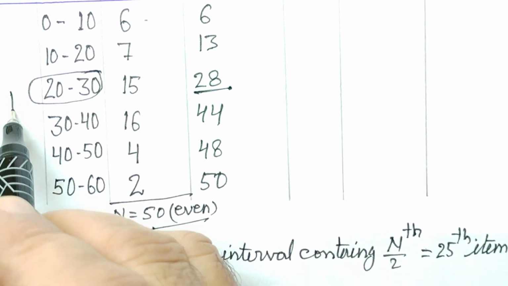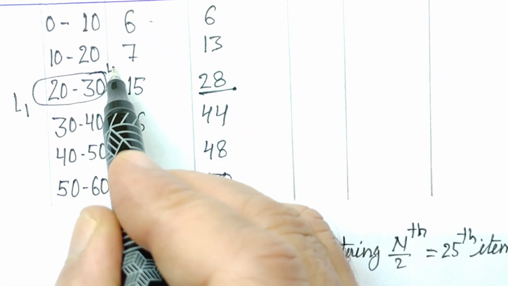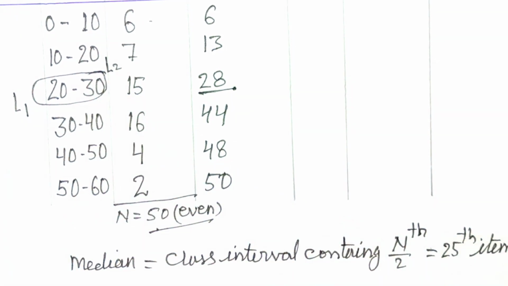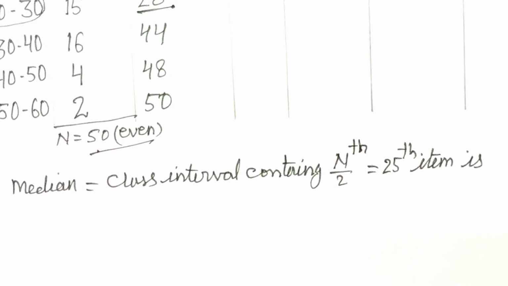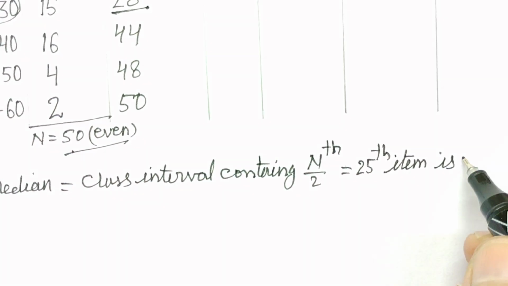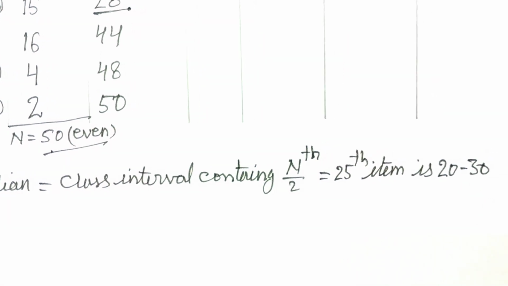So this will be the lower limit L1 and this will be the higher limit L2, right? Now this is in 20 to 30, right?